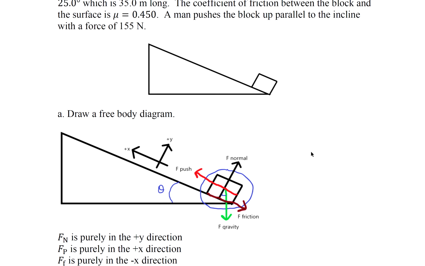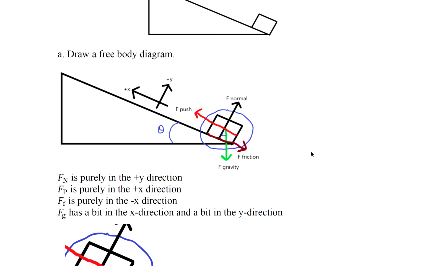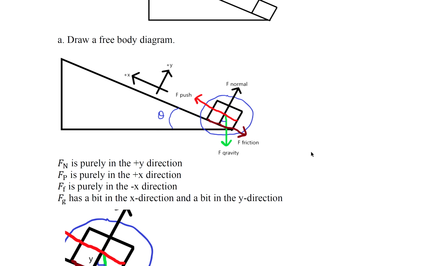So take a look at my x and y axis. My x axis is parallel to the slope, and my y axis is 90 degrees from the slope. My x axis is not westward, and my y axis is not northward. I did this to minimize sines and cosines. So Fn is purely in the plus y direction.